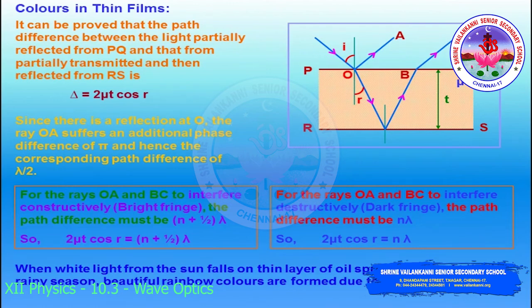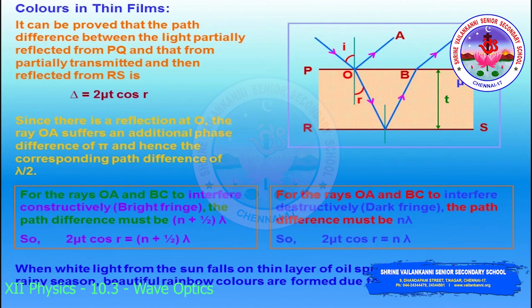And then for the dark fringes, for the rays OA and BC, the interference is destructive, so the path difference must be n lambda. So we get 2 mu t cos r equal to n lambda.